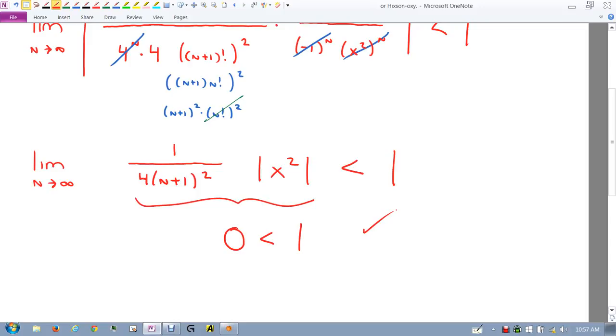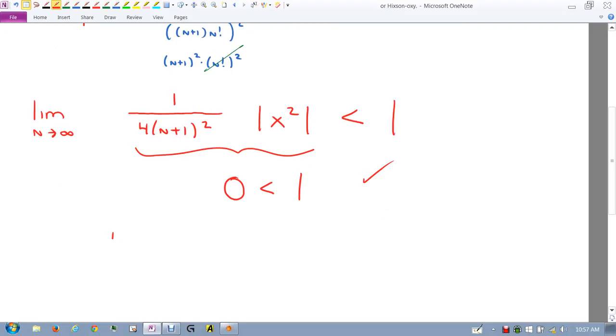Remember, there were 3 possibilities. We either had a single point, or we had an interval, or we had everything. Actually, the way I gave it to you in the proper order, I said a single point, everywhere, or on an interval. In this case, it doesn't matter what x is. So the radius of convergence is what? How wide is our interval? It's infinite. So we actually say our radius of convergence is infinite.